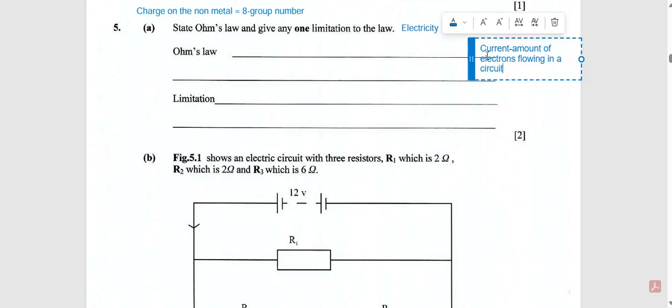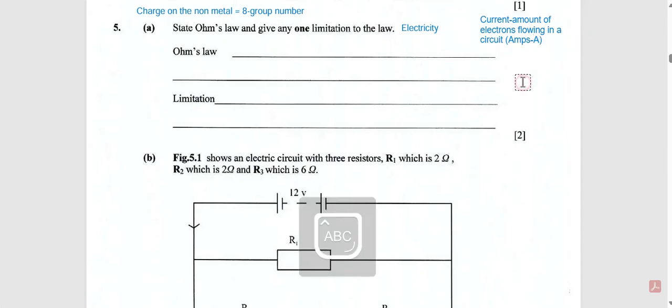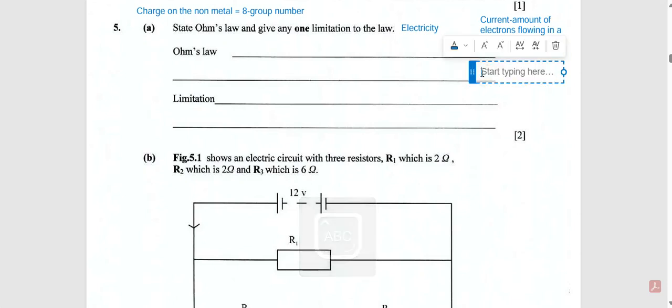So this is a correct definition for current. We also measure, so we measure current, and it's measured in amps. So the units for measuring current is amps, or you just put an A, capital letter A for amps.